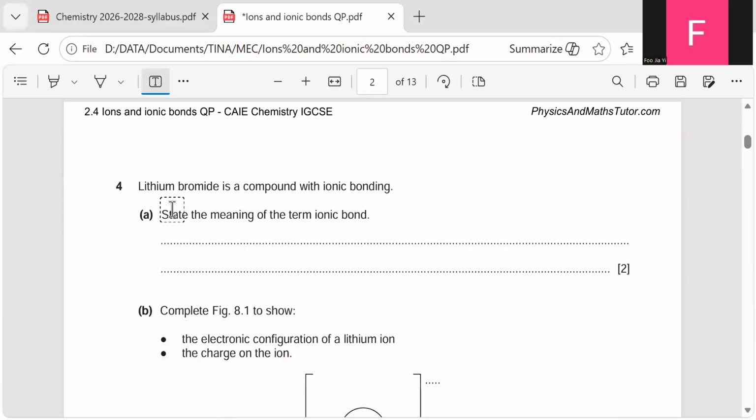Lithium bromide is a compound with ionic bonding. Ionic bond, electro, we done this 3 times already.